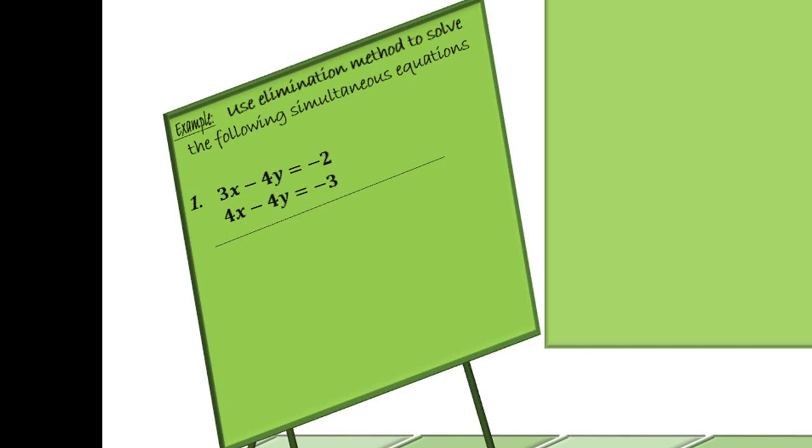So how do we go about it? We have here minus 4 and minus 4. Those are the two y terms that we are having in both equations. You ask yourself what sign can be used to eliminate this minus 4 and minus 4. Get it clear? This minus 4 is from equation 1, and the second minus 4 is from equation 2.